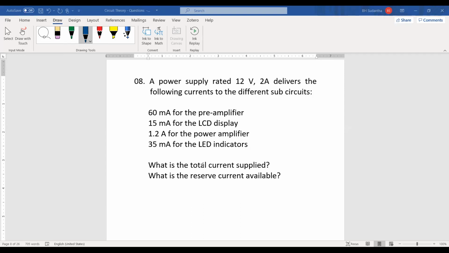The preamplifier circuit, this current I1 is 60 milliamperes.